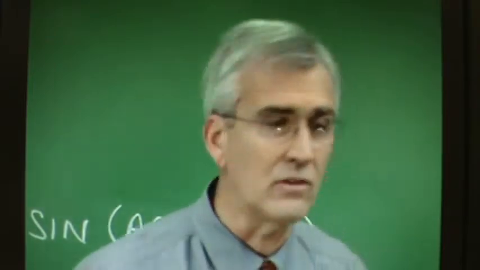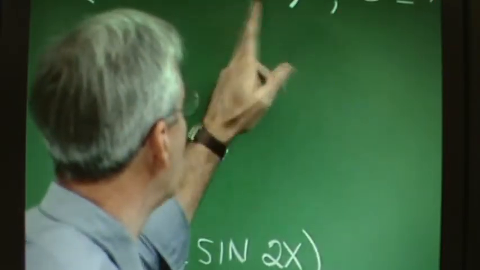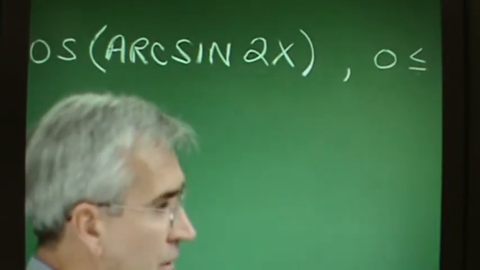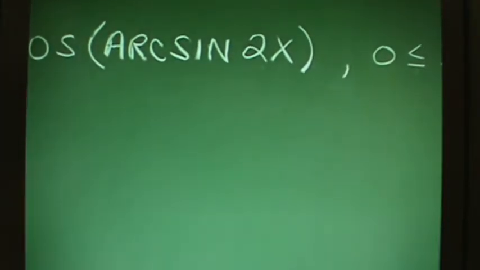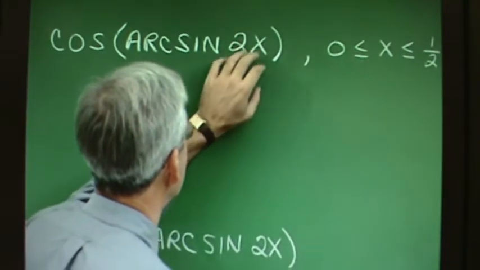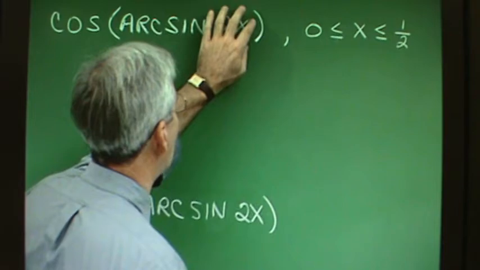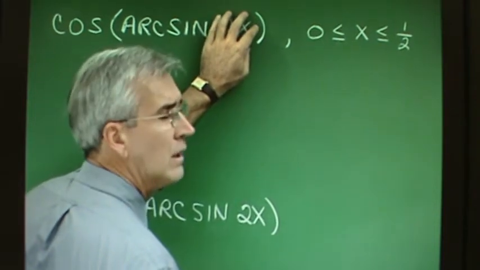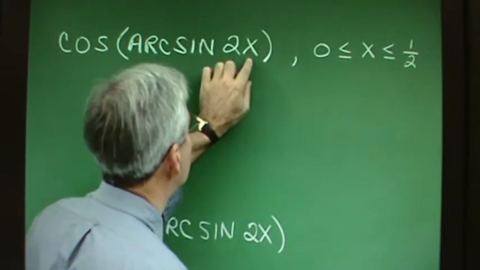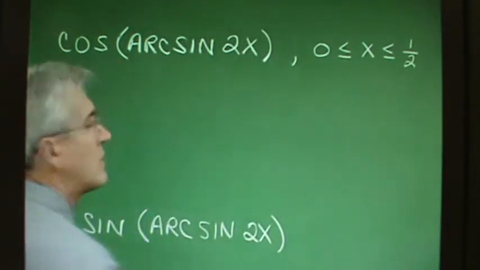So 2x has to be a number between negative 1 and 1. Now, let's limit it even further. Let's just say we're dealing with first quadrant angles, so that it just makes the problem a little easier. So let's just say that this number needs to fall between 0 and 1. Wow. If it falls between 0 and 1, that limits the values that x can have.